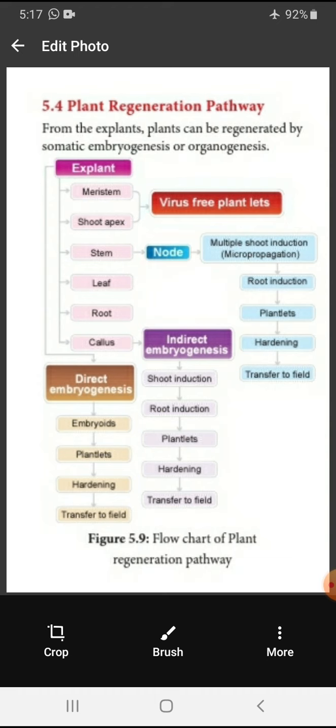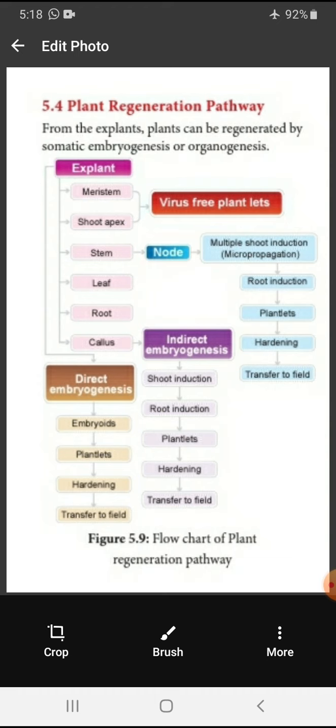Then we can use the stem as the explant. From the stem we can use the node. From the node we can get multiple shoot induction by the micropropagation method. It undergoes root induction, followed by plantlets, hardening, and transfer to the field. So this is another step. Or otherwise we can use the leaf, root, or callus.